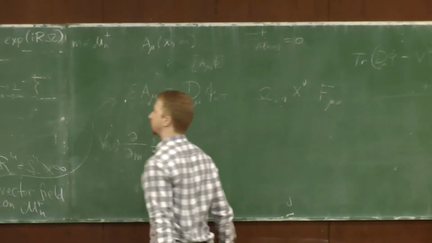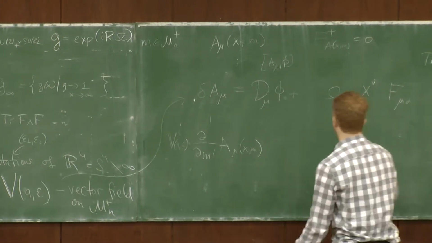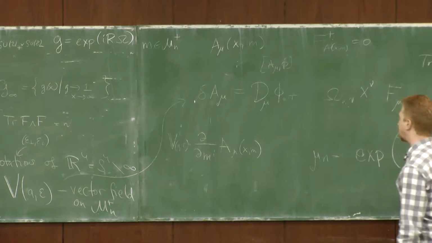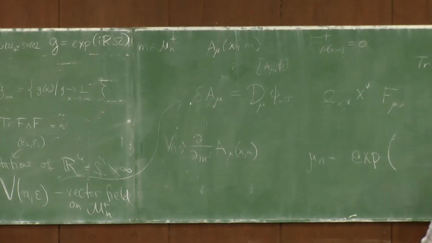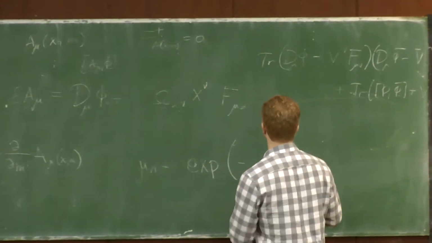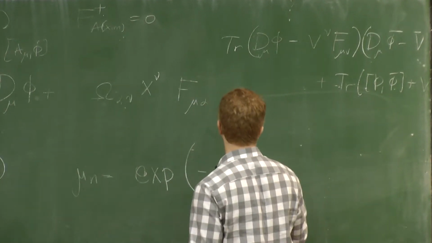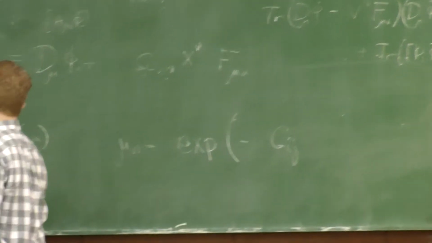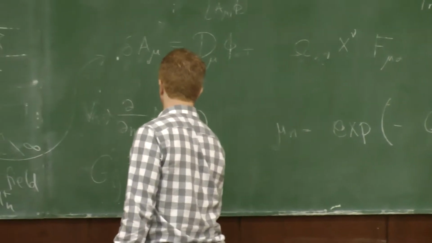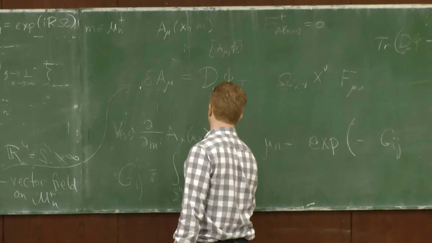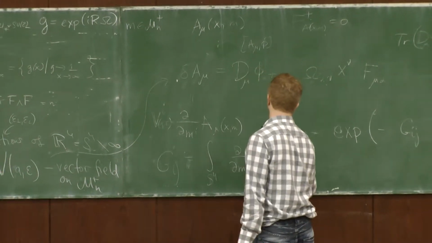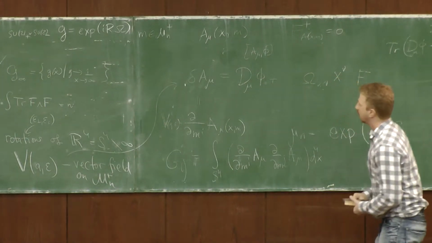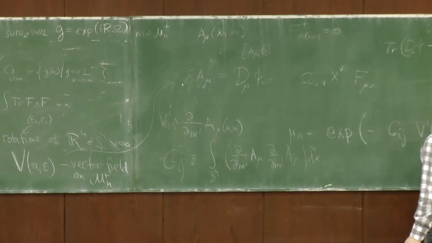Okay, so the measure which you get here has a bosonic and fermionic part. I will write the bosonic part. The bosonic part is just the norm squared, in the metric on the instanton moduli space, of the vector field.